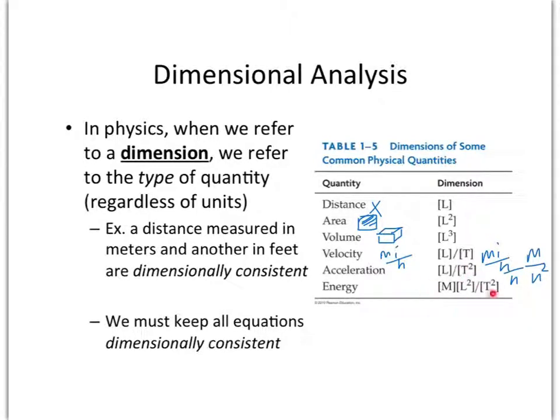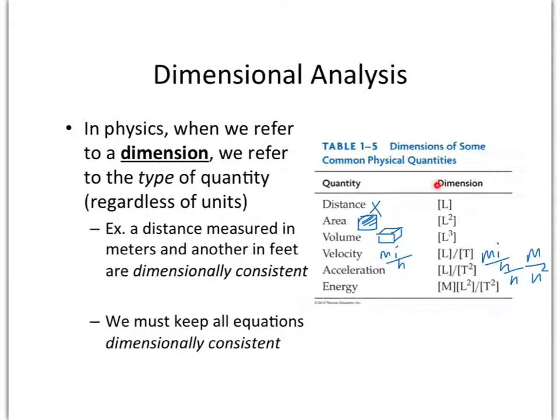And finally, energy. Energy is a mass times a length squared times a time squared as well. That'll have a more concise unit later on. But all these values right here can be broken down into either L's, T's, or M's for length, time, or mass.